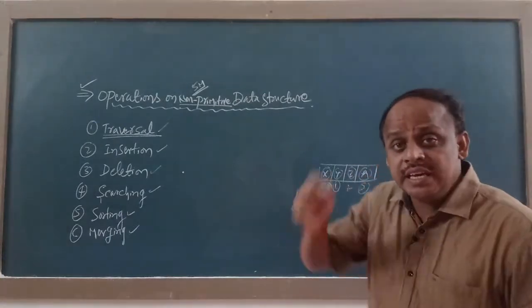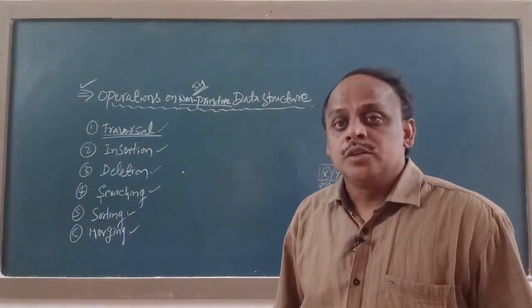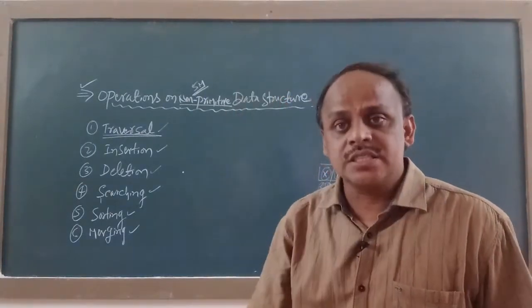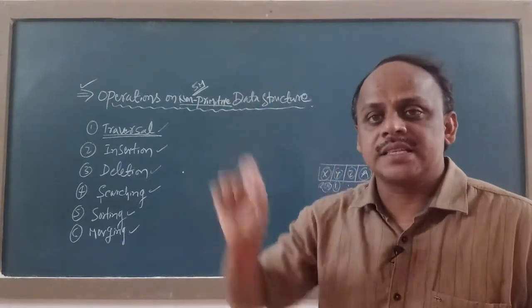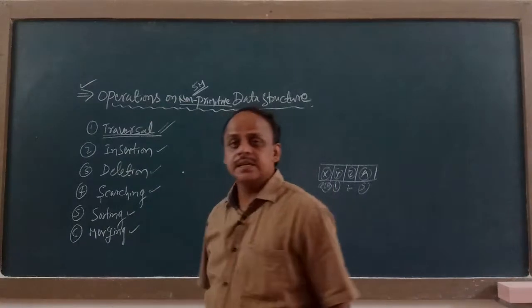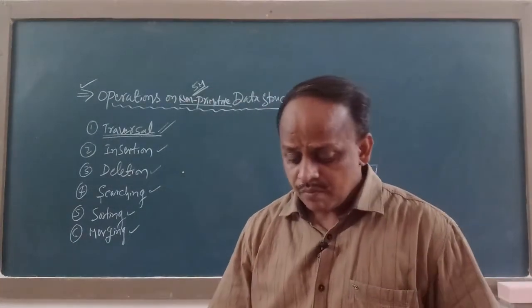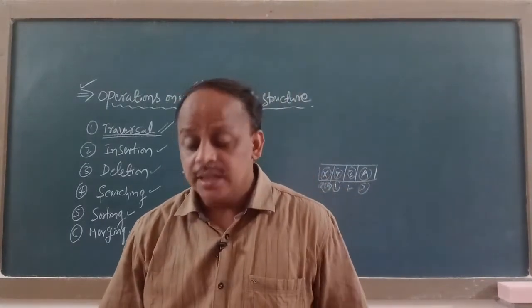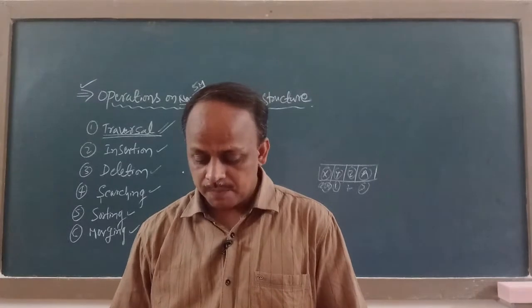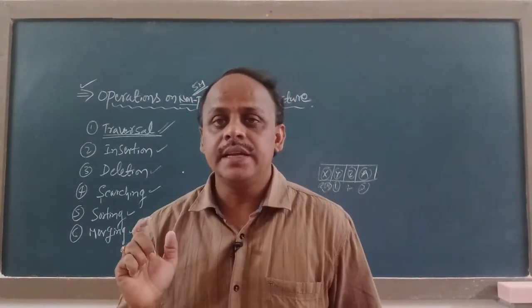We are going to visit each element's memory location at least once to perform some task. That thing is called traversal, right? The process of accessing each data item exactly once to perform some operation is called traversal.